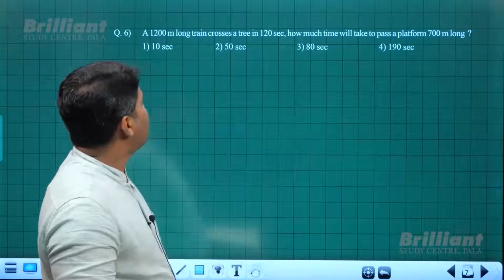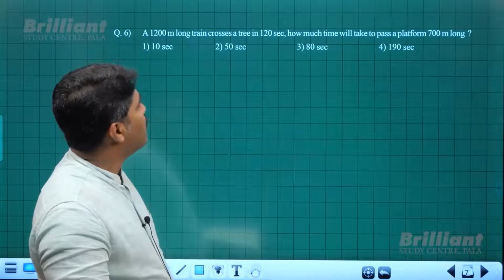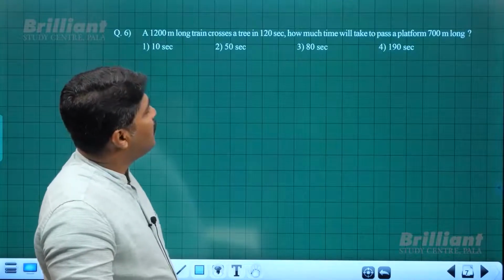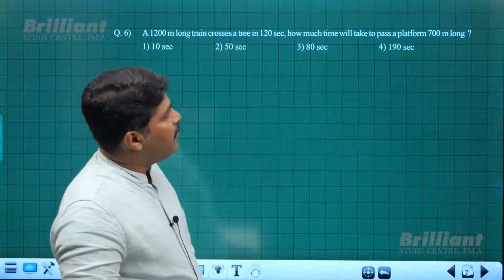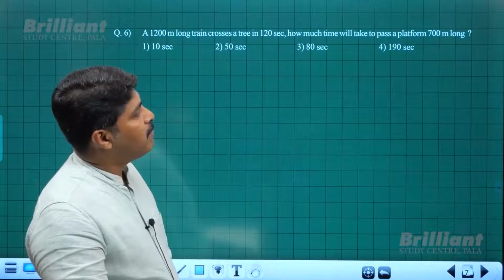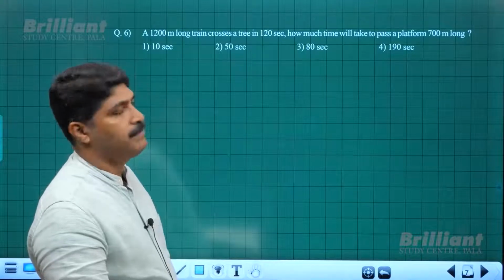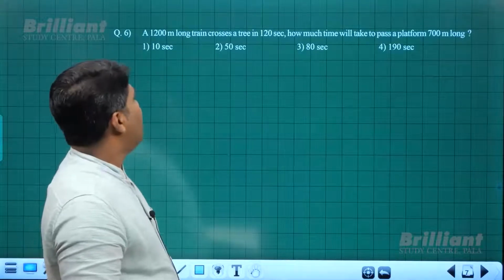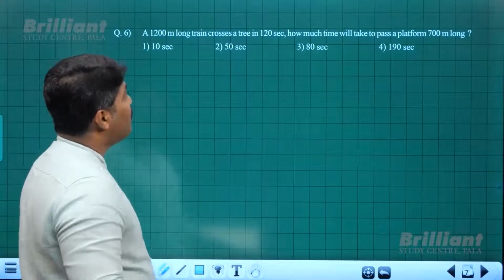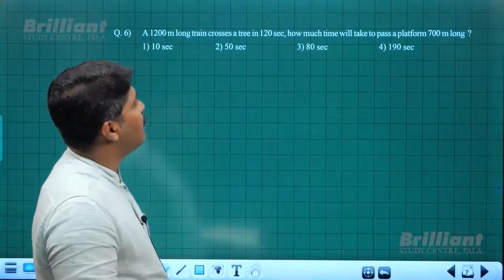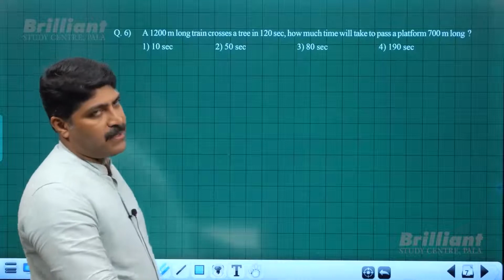The next question. A 1,200 meter long train crosses a tree in 120 seconds. How much time will it take to pass a platform of 700 meter length? Here, a 1,200 meter long train crosses a tree in 120 seconds.